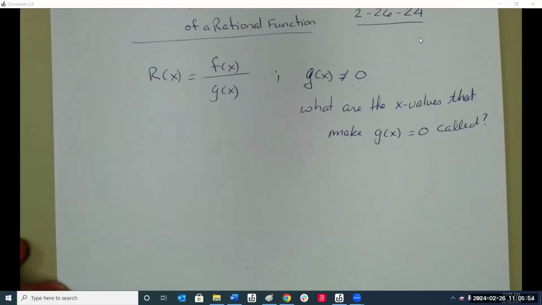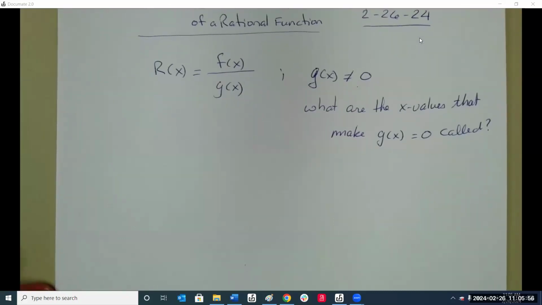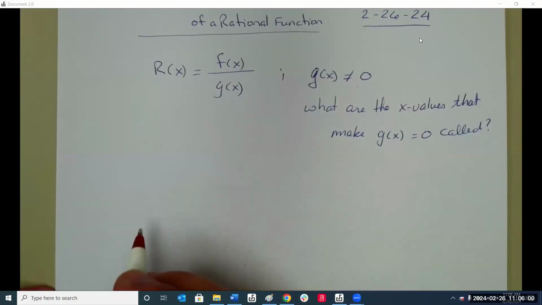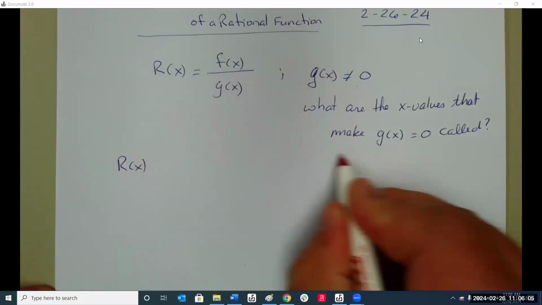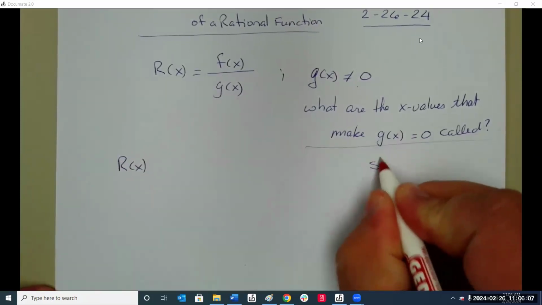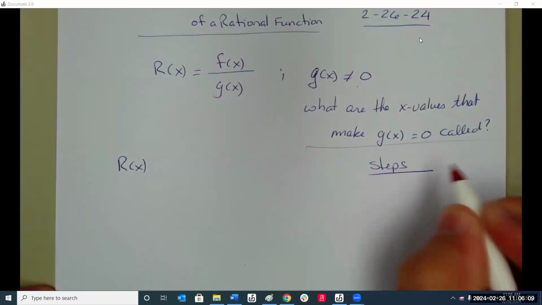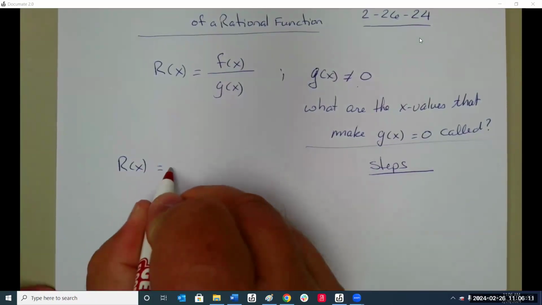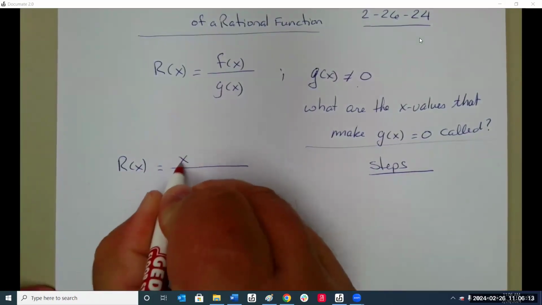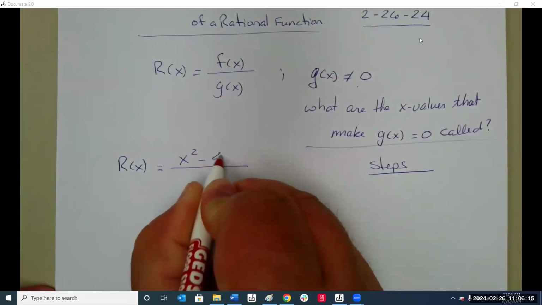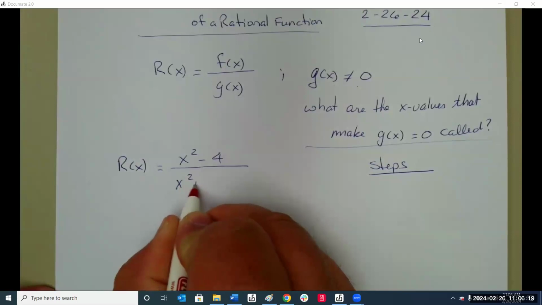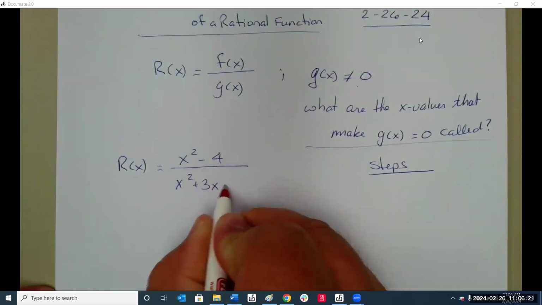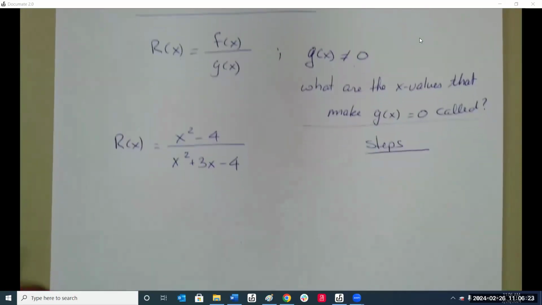So let's look at the procedures that we're going to use to solve these things. Let's look at the first example we have, and then I'll put the steps right here. So we have x squared minus 4 over x squared plus 3x minus 4.